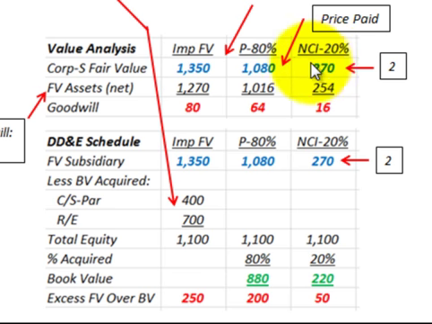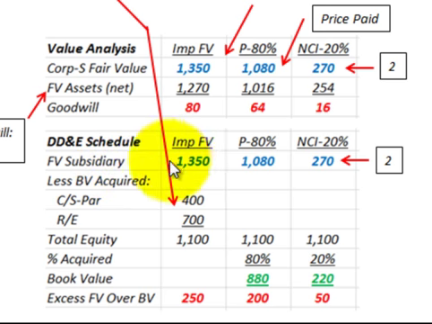Based on that, we can calculate our goodwill too. Subcorporation S's fair value of $1,350,000 less the fair value of the net assets of $1,270,000 gives us that goodwill of $80,000. The next thing is our distribution schedule, going down to that, and we'll only look at the total amounts.